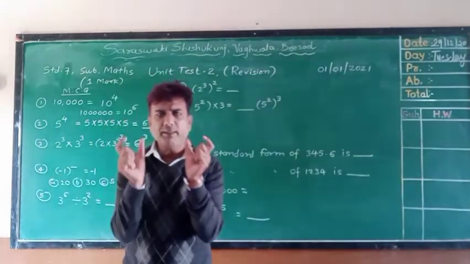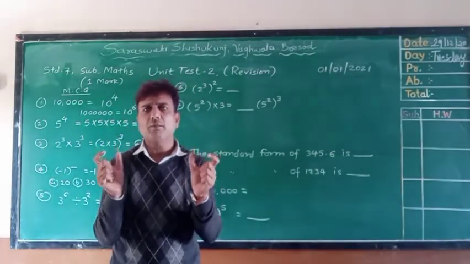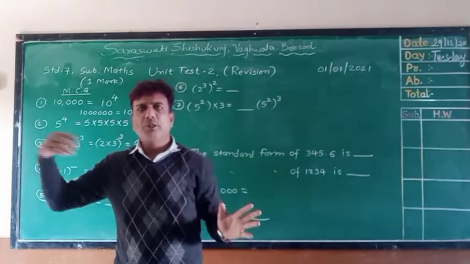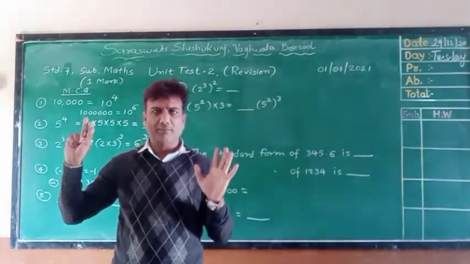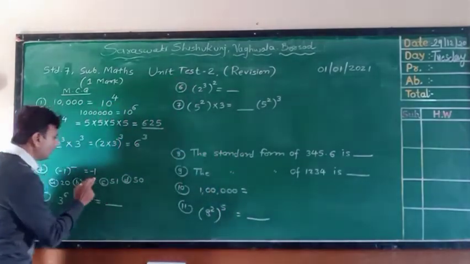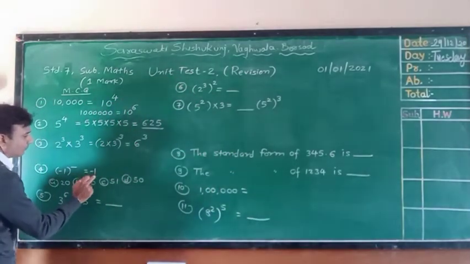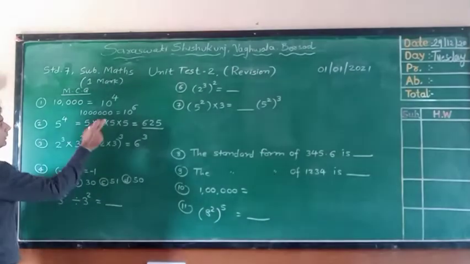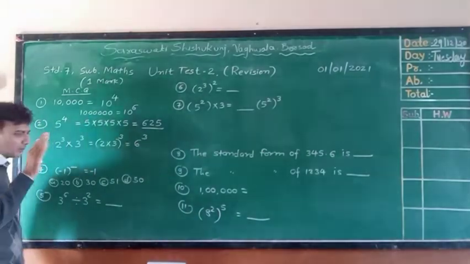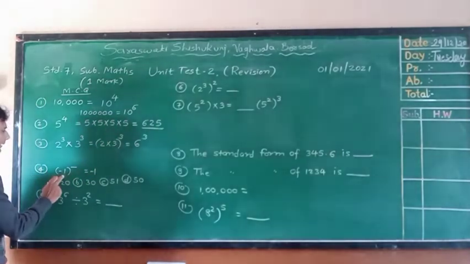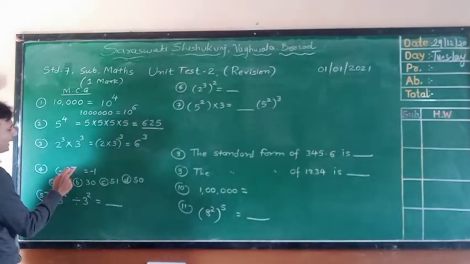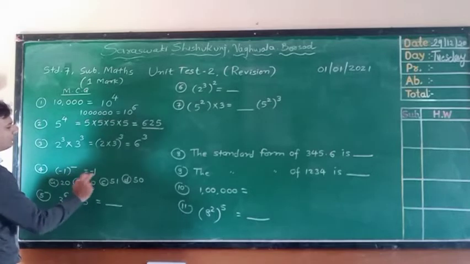So these two fundamentals are very important. Even number, remove the minus sign. Odd number, put a minus sign in the answer. So here the given answer is minus 1, and we know 1 raised to any power is always 1. So the answer is minus 1. Which number can I put here so that the answer will be minus 1?